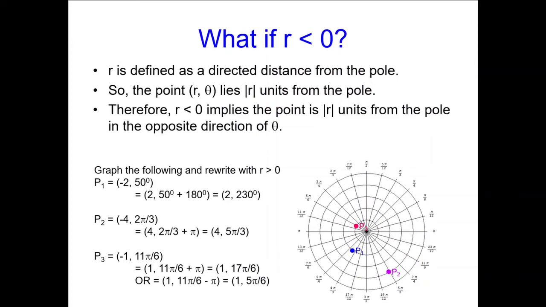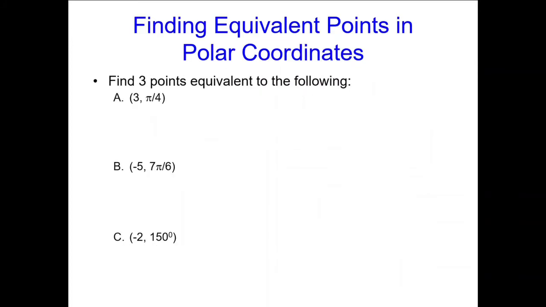That also brings us to the fact that, since we're talking about circles and angles, each point can be rewritten a variety of ways. So here we can write them in equivalent ways. So we have (3, pi fourths). One thing I can do is simply get a coterminal angle by adding 2 pi.